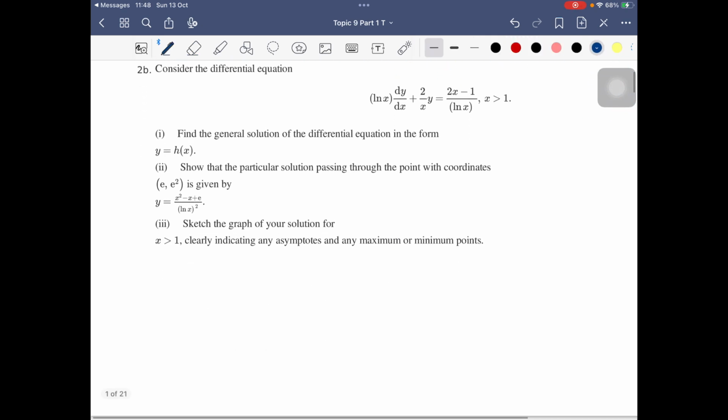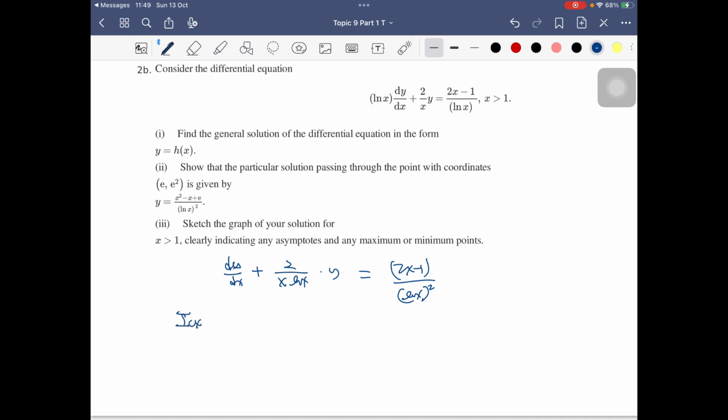Let's divide by ln x, then dy over dx plus 2 over x ln x times y equals (2x minus 1) over (ln x) squared. So p of x is 2 over x ln x.